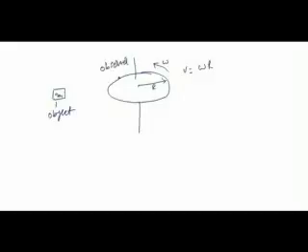Now for this observer, this stationary object will not appear to be at rest. Instead, the observer will find that there is a pseudo force acting on this object. The magnitude of this pseudo force is mv squared by r, where m is the mass of the object. This is the force which we call centrifugal force.